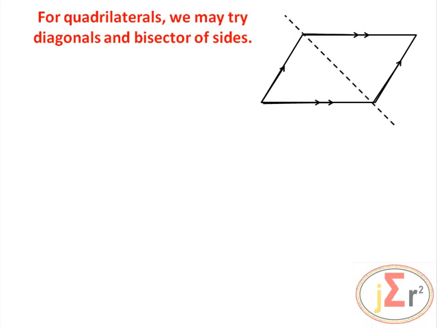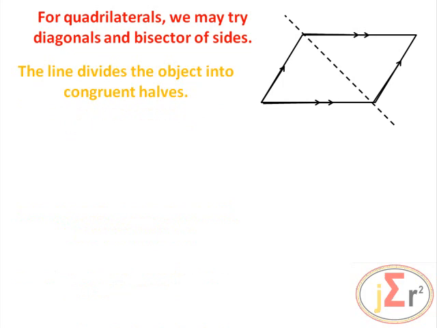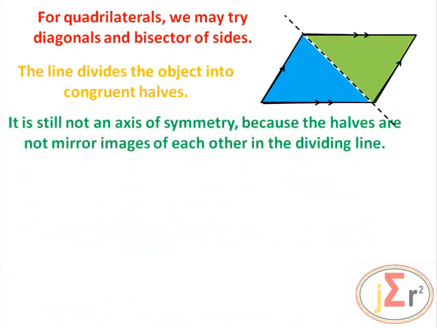There we have a diagonal. The line divides the object into congruent halves. So that's where we start. The line divides the object into congruent halves, like that. It is still not an axis of symmetry because the halves are not mirror images of each other in the dividing line.